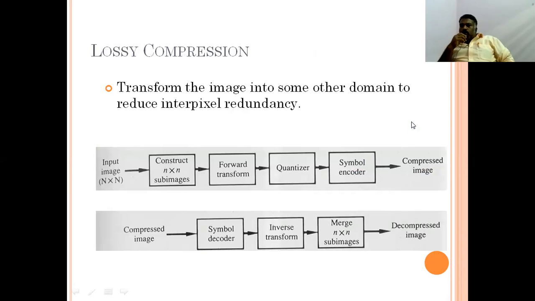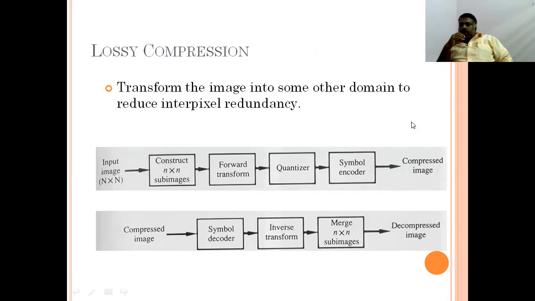In lossy compression, you can see we transform the image into some other domain to reduce the interpixel redundancy. The image input is n cross n, or n cross m, or m cross n. We construct the sub images, apply the forward transformation, then quantization and symbol encoding, which produces the resultant compressed image.